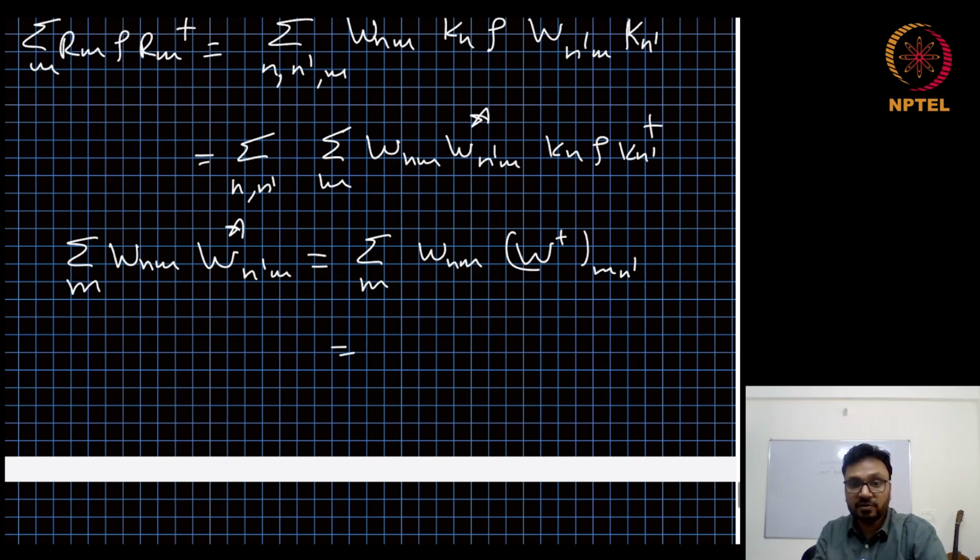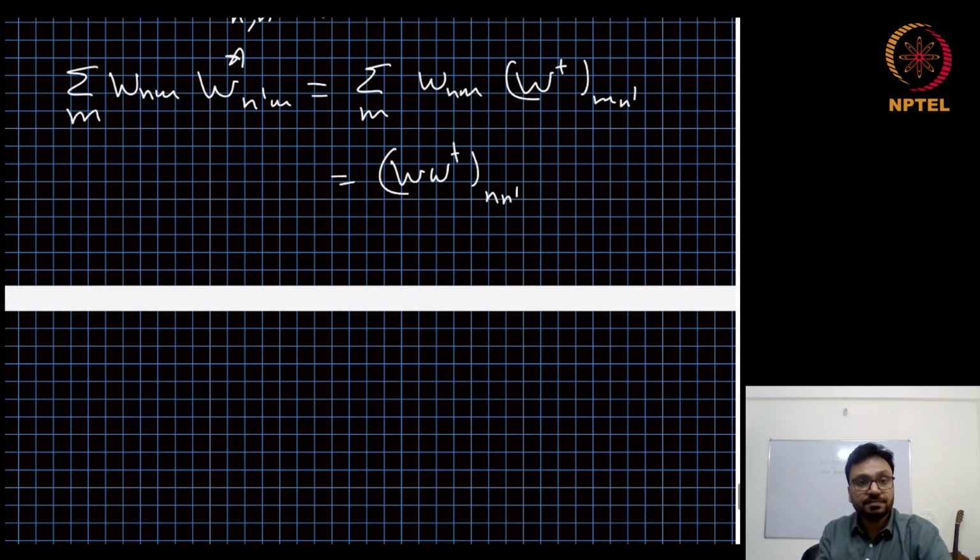Now, if we choose W to be isometric, then W W dagger is delta n n prime.